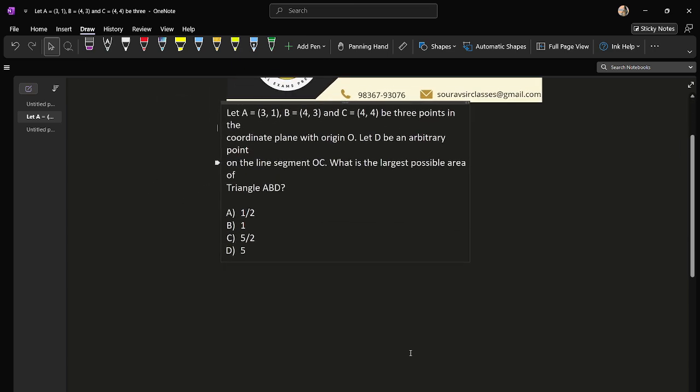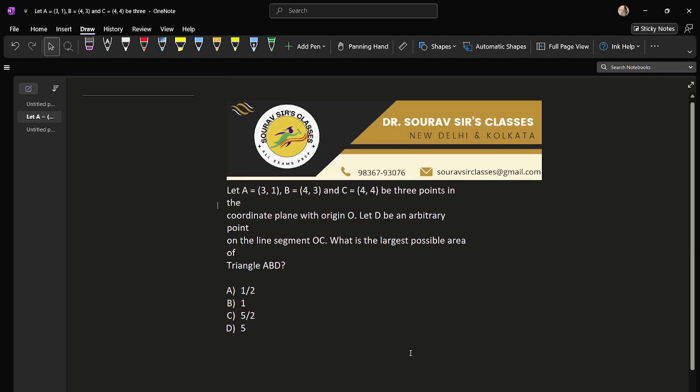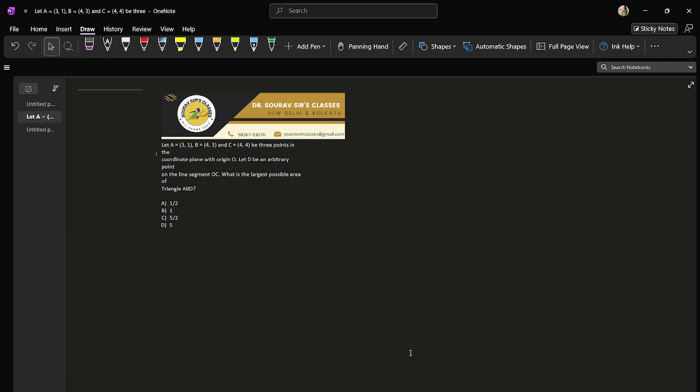Let us think about this. Firstly, we are going to look at the triangle ABC. We have to find the sides of ABC, which are AB, AC, and BC.